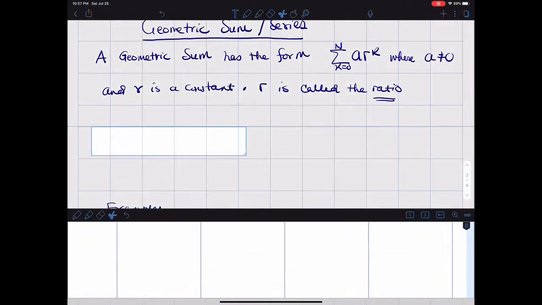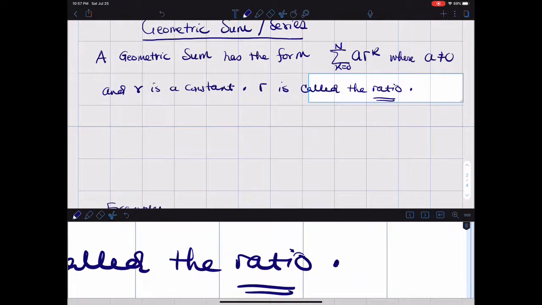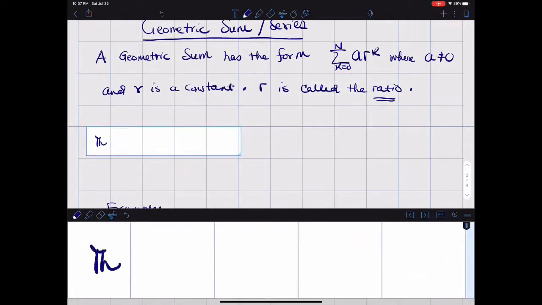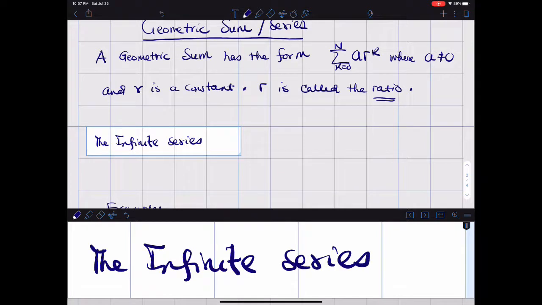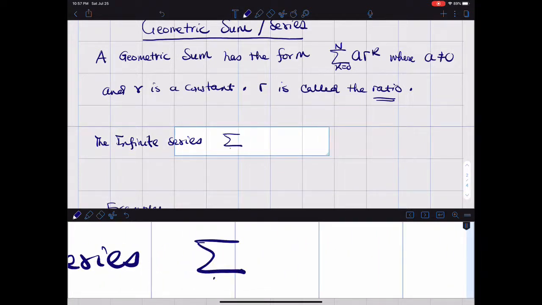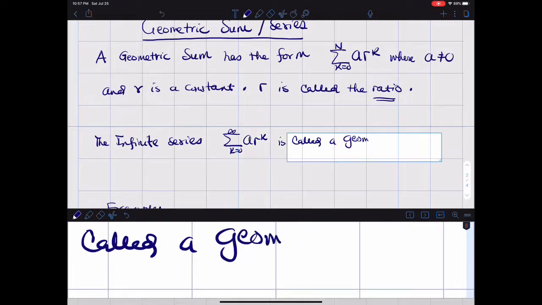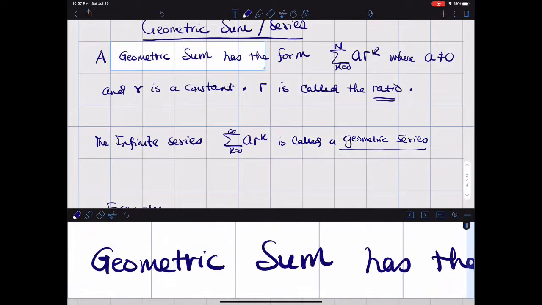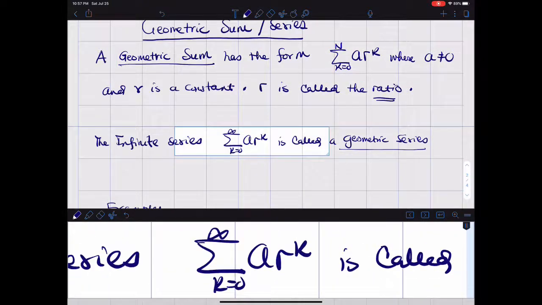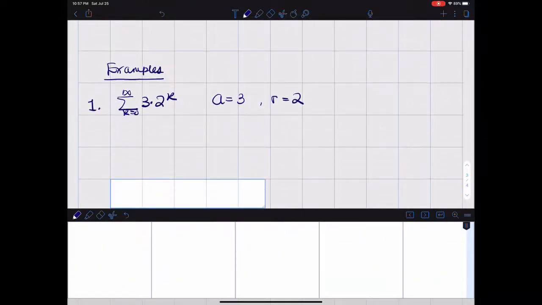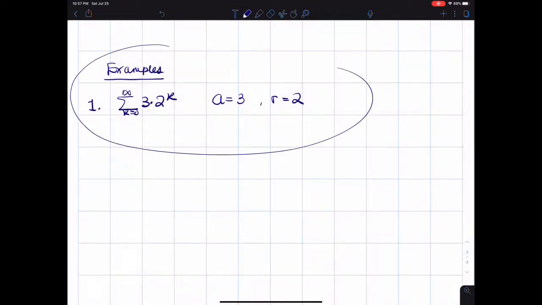I'm going to say the infinite series, the infinite series k from 0 to infinity, a times r to the power of k, is called a geometric series. Geometric sum is that geometric series. Okay, it should make sense by now. All right, or no?